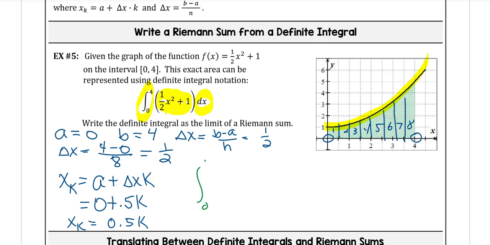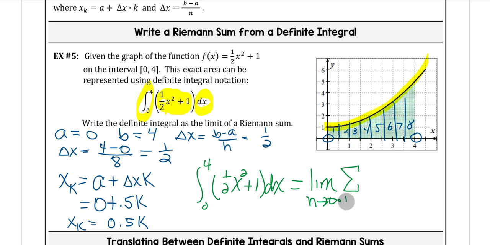Our integral from 0 to 4 of 1/2 x squared plus 1 dx is the same as taking the limit as n approaches infinity of the sum of k equals 1 to n, I'm sorry, n, because we're going to take it to infinity, of, taking our function, 1/2, and we substitute in now our x sub k, so that's (0.5k) squared plus 1.